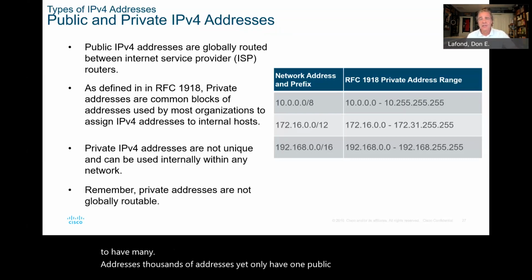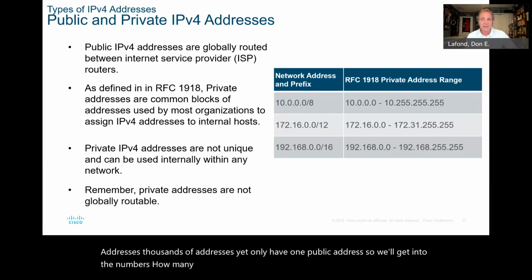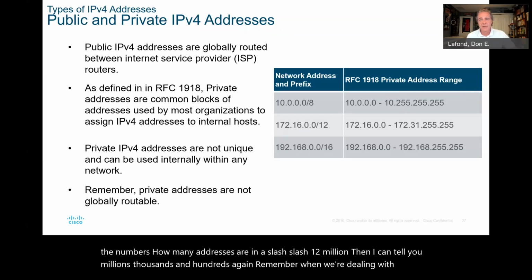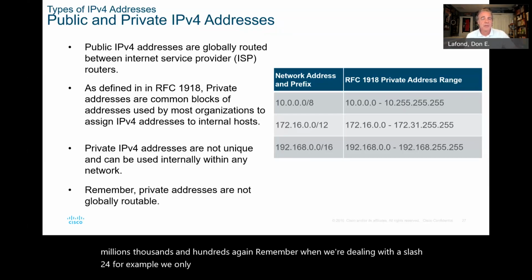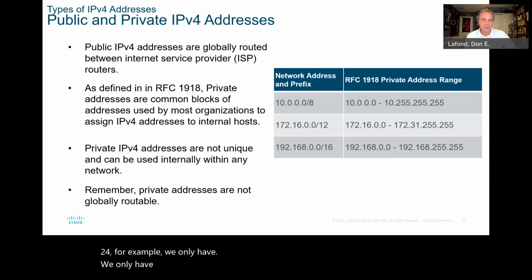We'll get into the numbers, how many addresses are in a /8 or /12. Millions, I can tell you, millions, thousands, and hundreds. Again, remember, when we're dealing with a /24, for example, we only have 256 addresses, 254 usable. We'll get there.